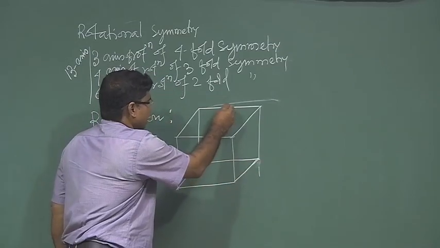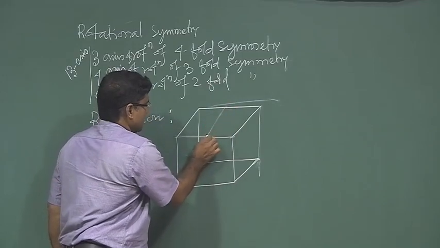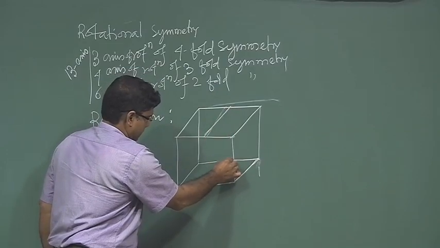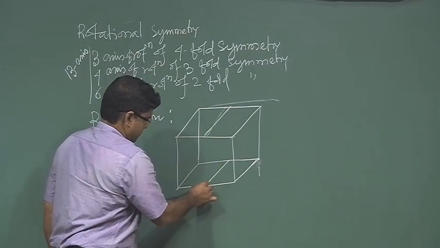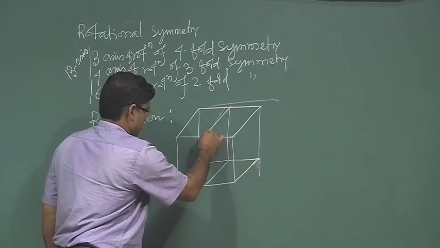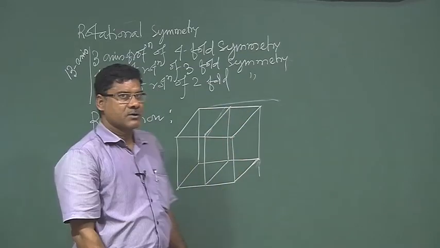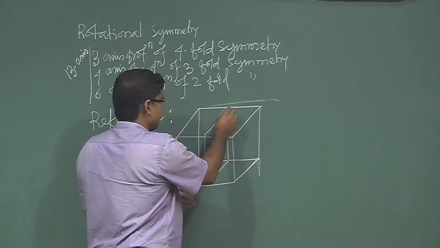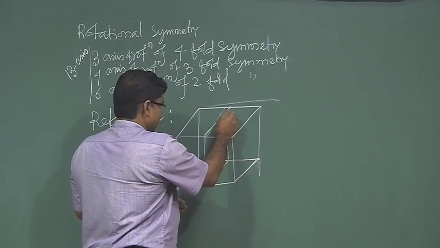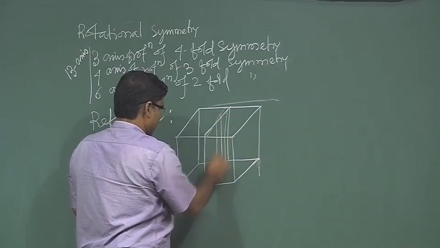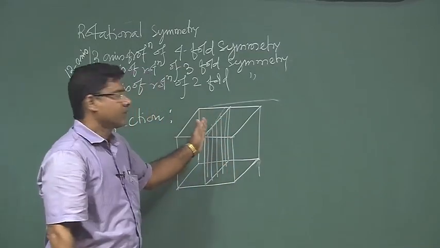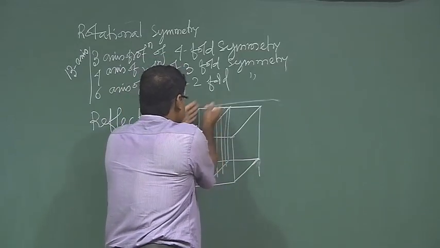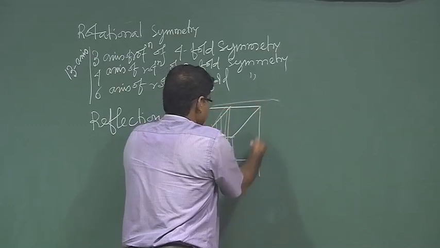So, one can choose the plane in the middle of the cube. This is the plane. You can have the image of this half exactly as the other half.